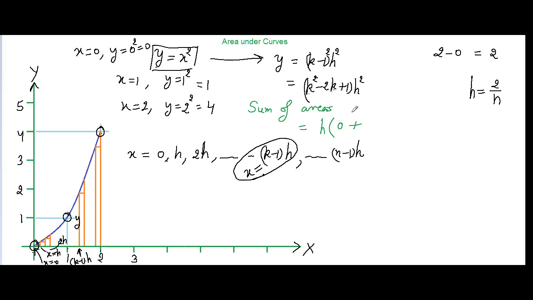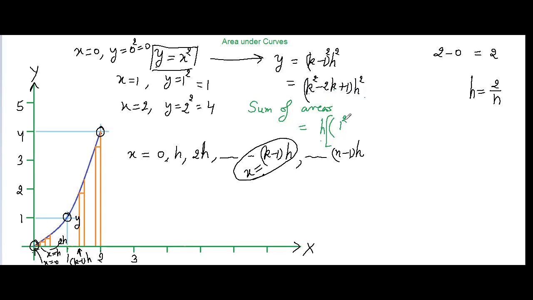Actually what we did yesterday also, we made the three parts separate. First term I am writing, k is equal to 1. This is the width of the rectangle, and I am writing the height of the first rectangle. The width of all the rectangles is the same, so I have taken it common.